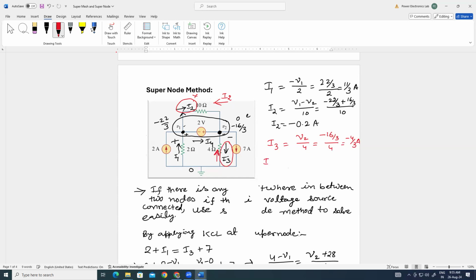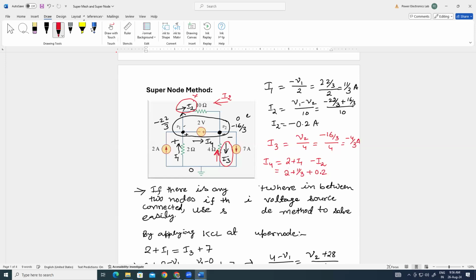Then if you want to calculate the value of I4, I4 will be equal to 2 plus I1 minus I2. I1 is 11 by 3 minus I2, and I2 is minus 0.2, so plus 0.2.